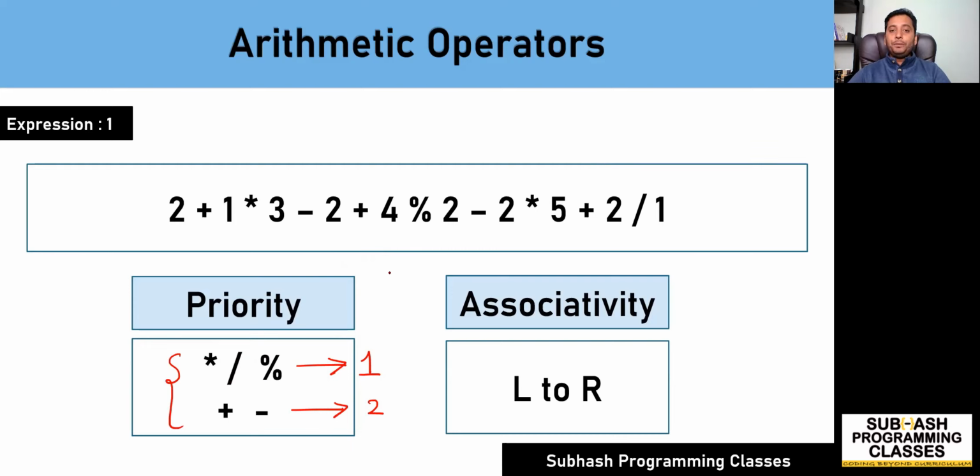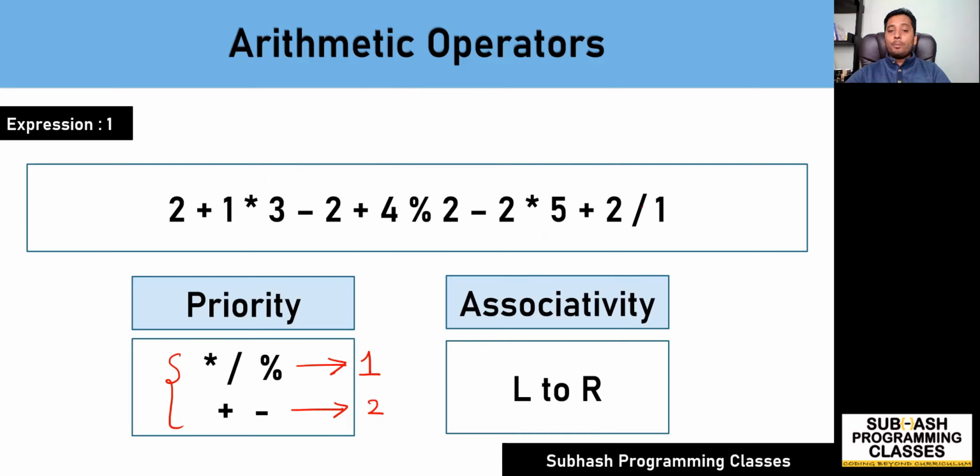Now, in this expression, one thing is clear, which operator has to be evaluated first, but this gives us one more confusion. The confusion is that in this expression, as you can see, we have multiple operators with the same priority, right? We have star, which has the first priority. We have modulo, which again has the first priority.